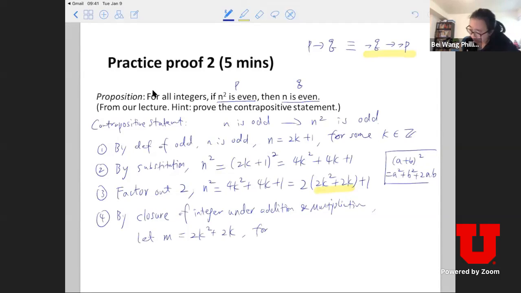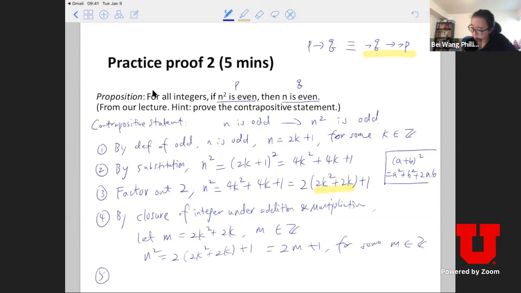Okay, so what that means, if I let a new variable m equal to 2k squared plus 2k, then by closure m is integer. Okay, then n squared is equal to 2 times (2k squared plus 2k) plus 1, which is equal to 2m plus 1 for some m that's integer.